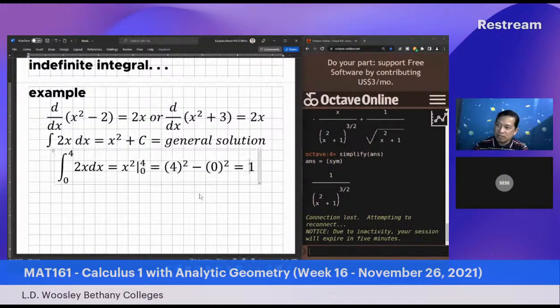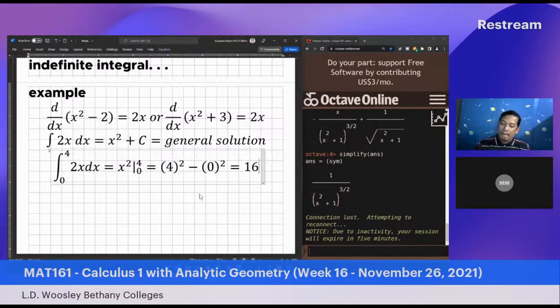So of course, we know the answer is 16. Alright?